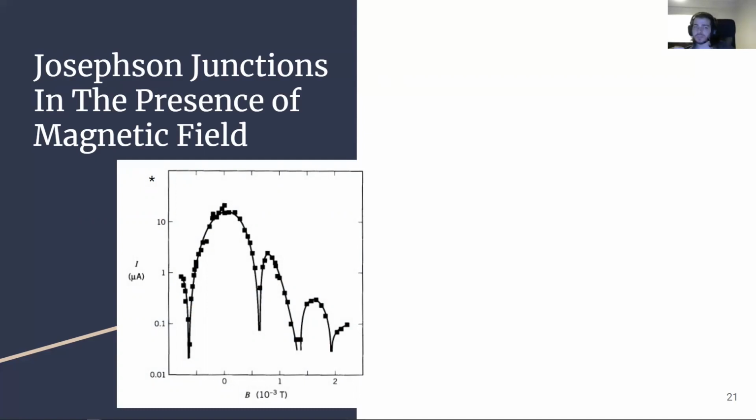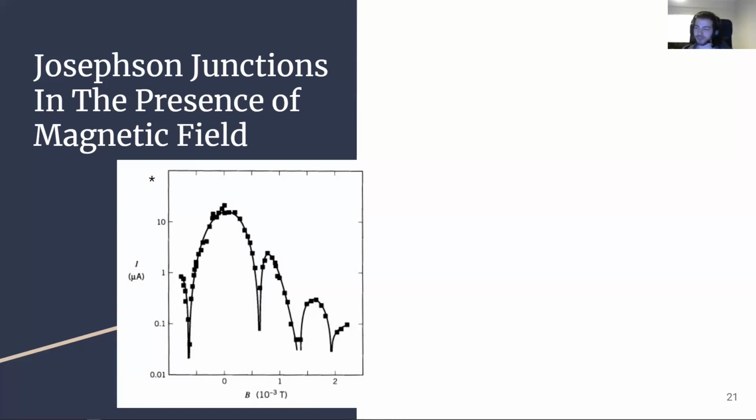The Josephson tunnel current, as you can see, is dramatically affected by the applied magnetic field, because the amount of magnetic field we are applying is rather low. These effects were observed for the first time by Rowell, who claimed that they had a probable Josephson effect.